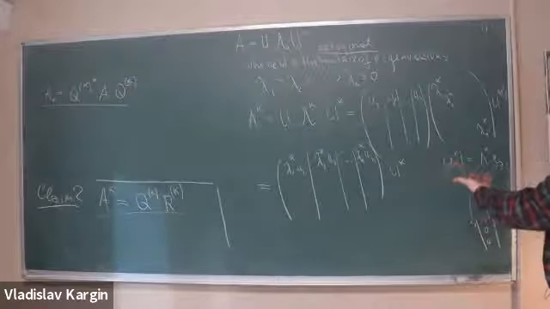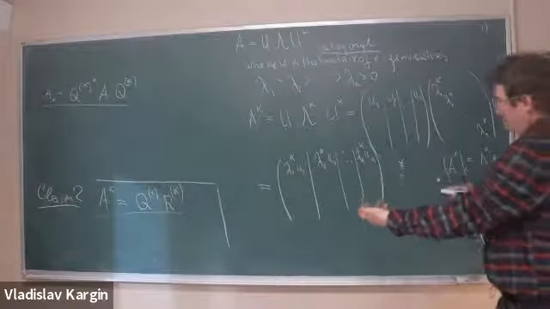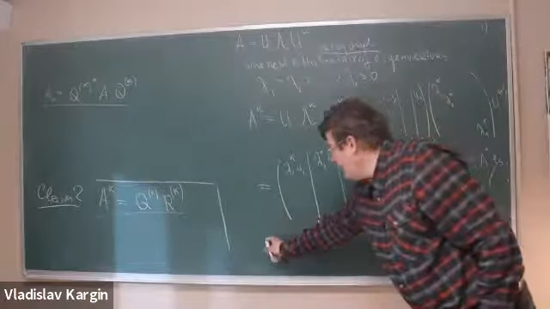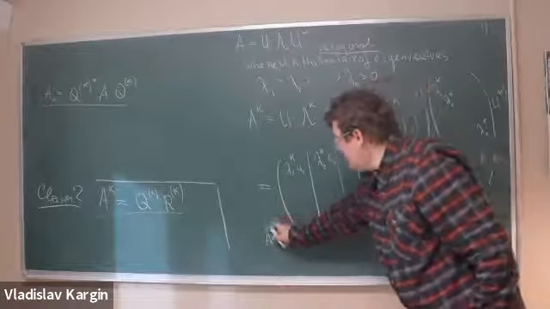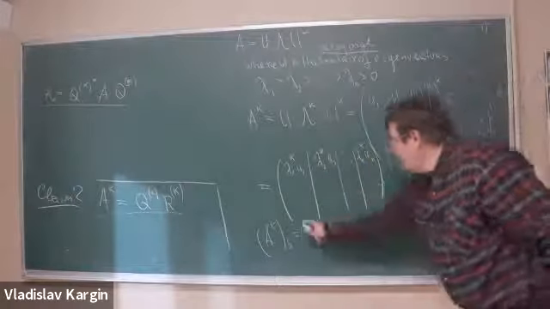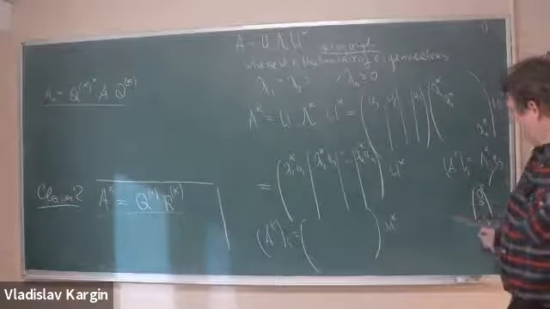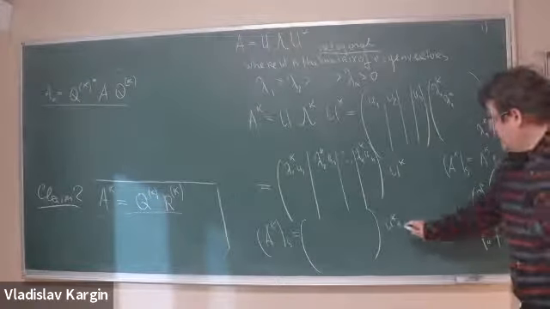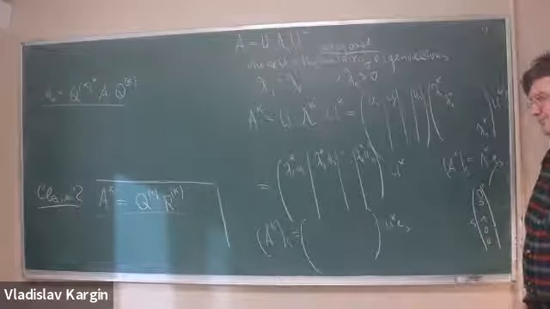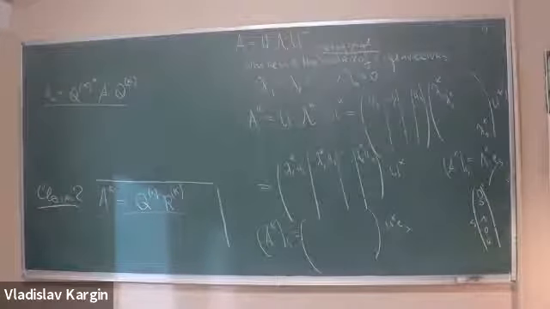So if you want to figure out the S column of this matrix, you get this big thing, which I will not repeat right now, and after that U star multiplied by e_s. What's U star multiplied by e_s?